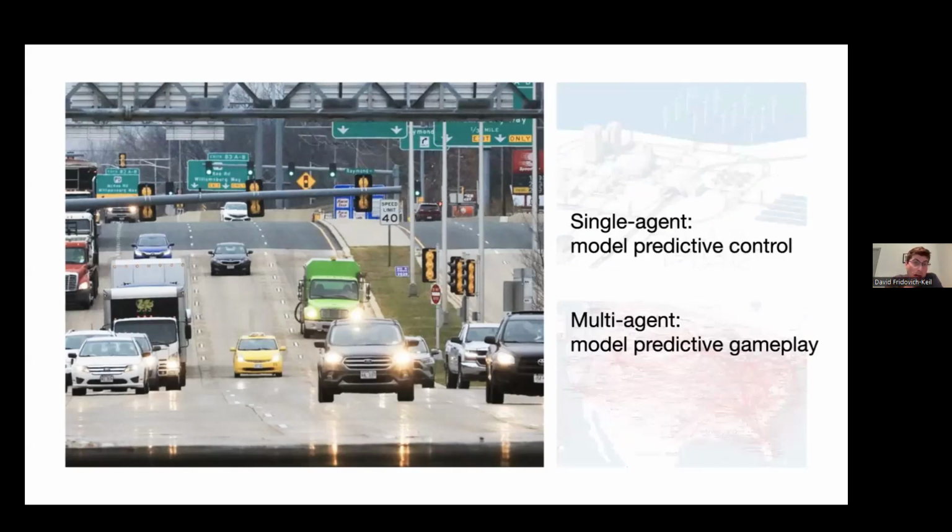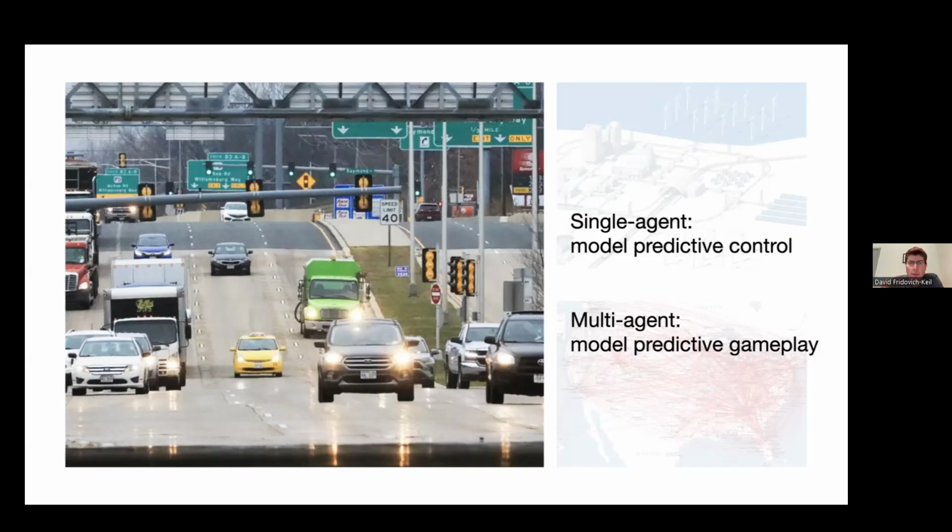In the context of traffic, it's very natural to think about decision making in terms of, say, model predictive control. What I mean there is, if you're one of these cars, you think about the decisions you're going to make in the next few seconds as an optimization problem, and then you solve that problem, decide what to do, take a few steps, and then look around you, see what changed, and resolve a similar problem a few seconds later.